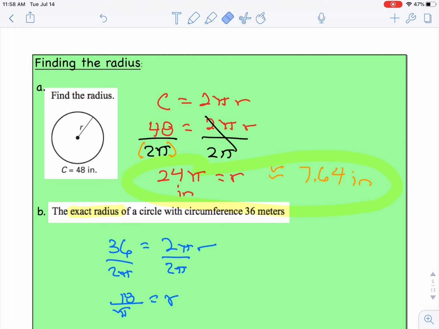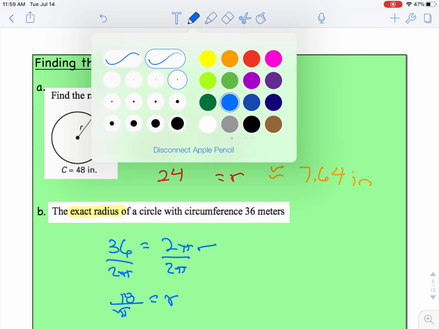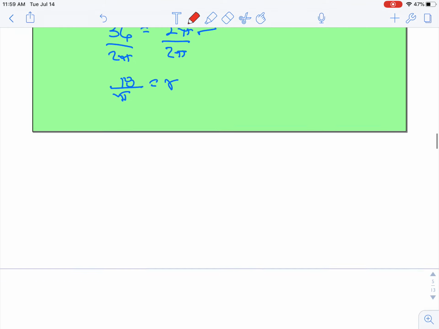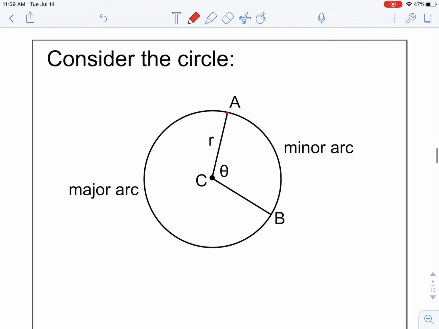So our exact radius is 18 divided by pi. When I reduce this fraction, the pi should go on the bottom. That's better. Okay, so those are pretty simple problems.